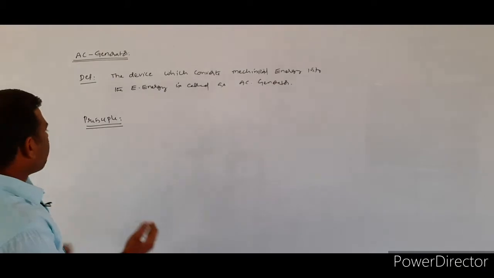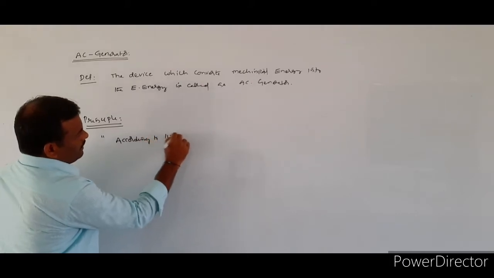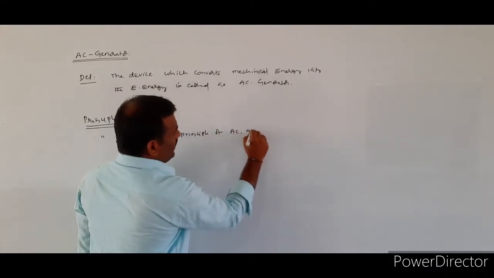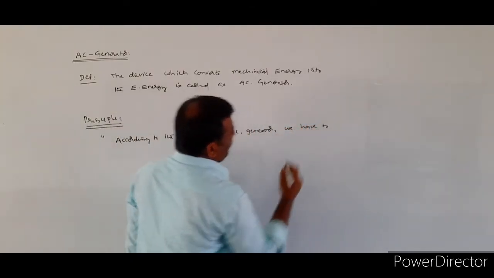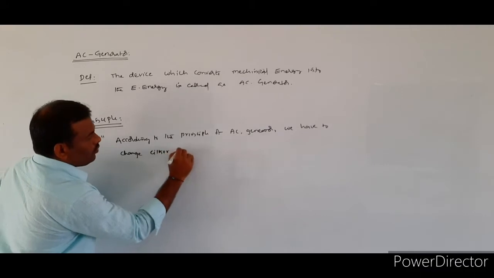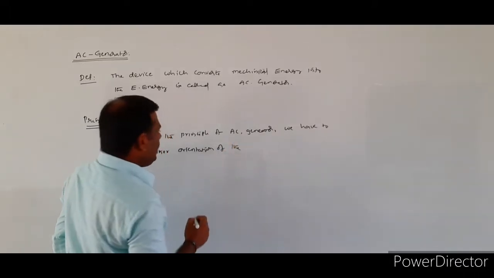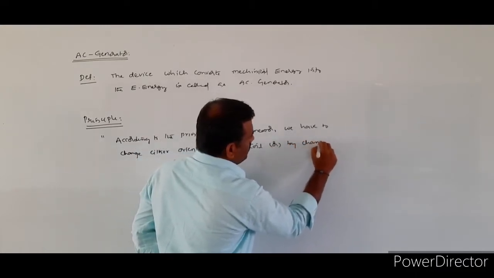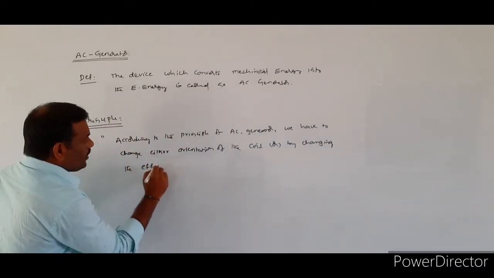Means, according to the principle of AC generator, we have to change either the orientation of the coil, or the effective area of the coil.